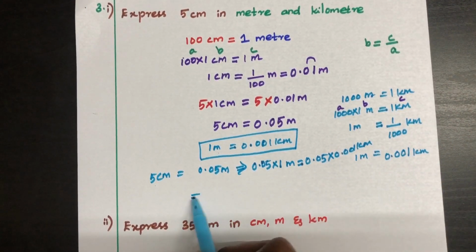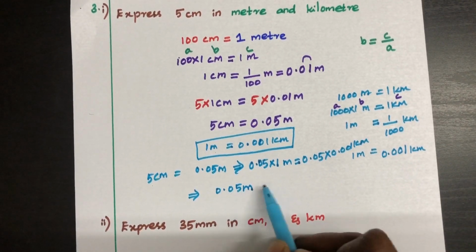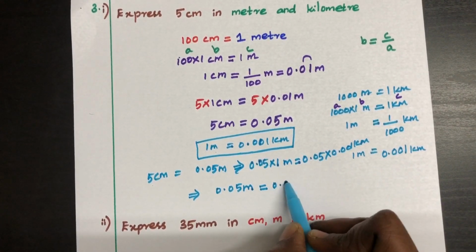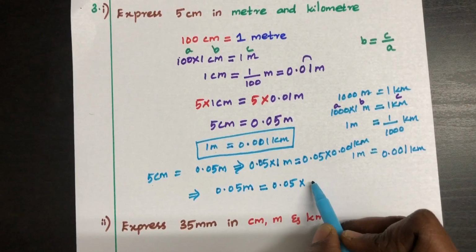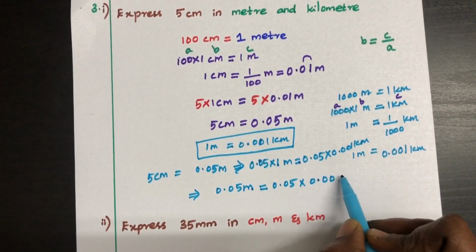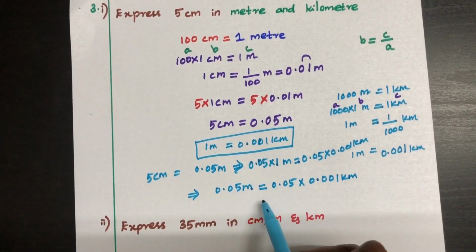So this is nothing but 0.05 meter is equal to 0.05, again I will write because it is not proper, 0.001 kilometer.